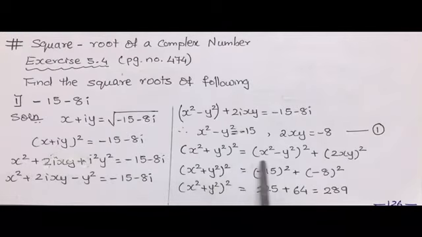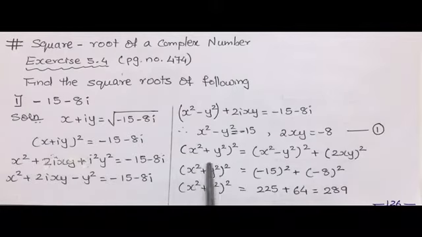Now why it is expressed in terms of x square minus y square and 2xy? The reason is that we know both of these values, so we can easily substitute and calculate. So (x square plus y square) whole square is equal to minus 15 whole square plus, and the 2xy value is minus 8, so minus 8 whole square. 15 square makes it 225 and 8 square is plus 64.